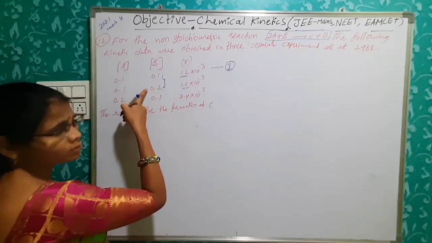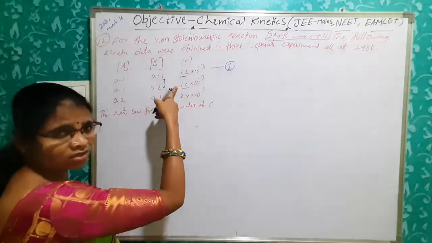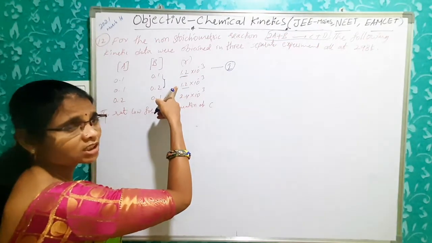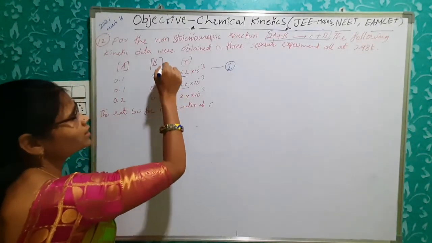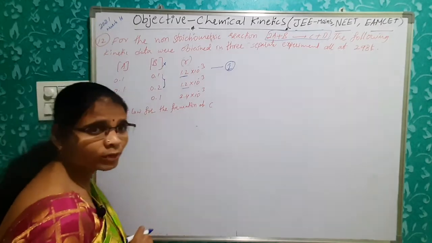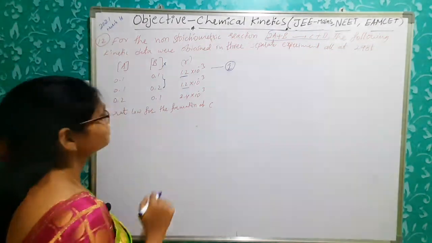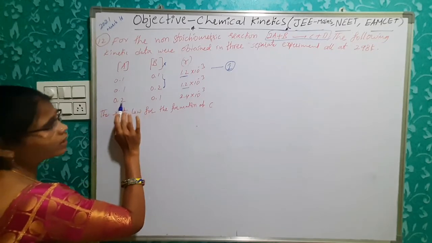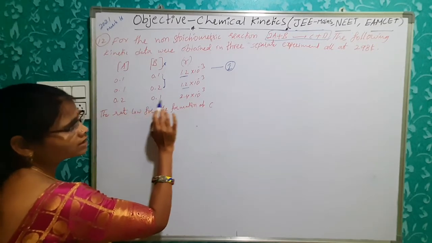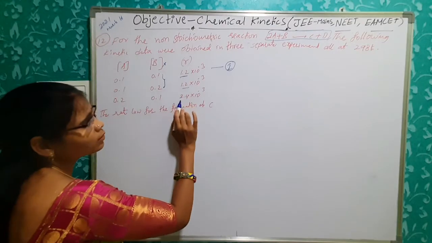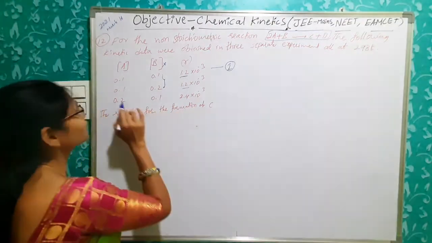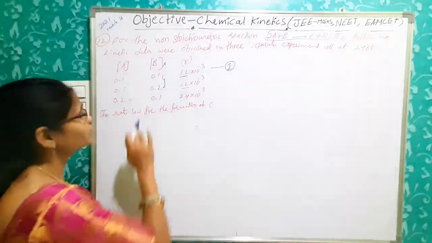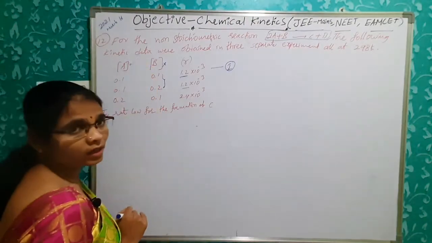So by increasing B, there is no change in the speed of the reaction, nothing but the speed does not depend on the concentration of B. Clear? Now in third experiment, A concentration is doubled, B is constant, but rate also doubled. Simply rate depends on A.